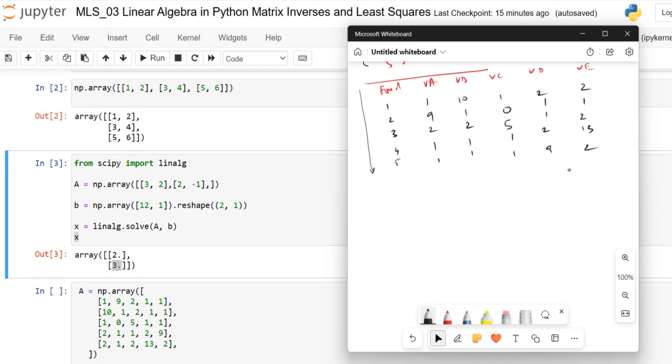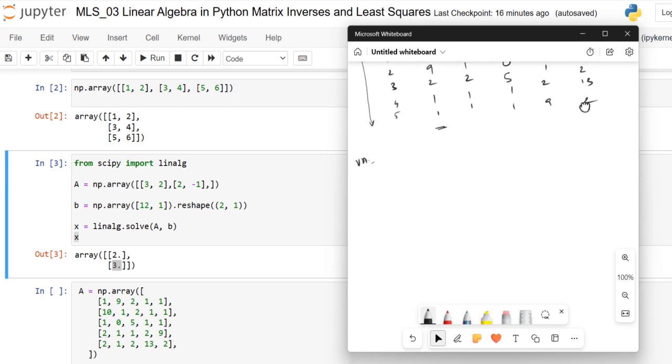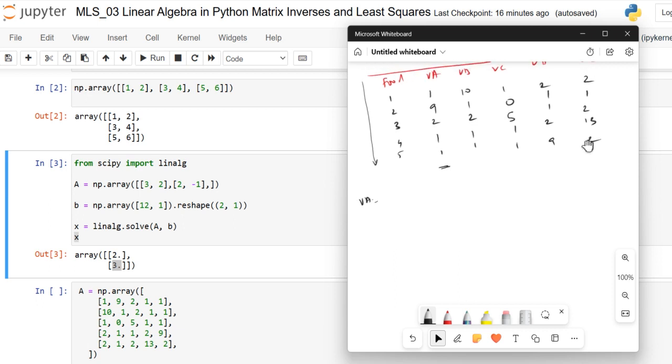Here, our task is vitamin A. This is vitamin A, it is 170 units. So in such a case, how can I specify it? That is x1 plus 9x2 plus 2x3 plus x4 plus x5 is equal to 170.